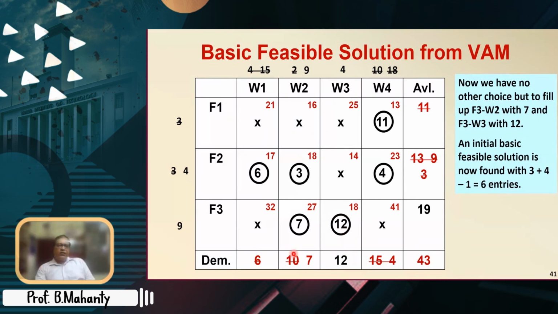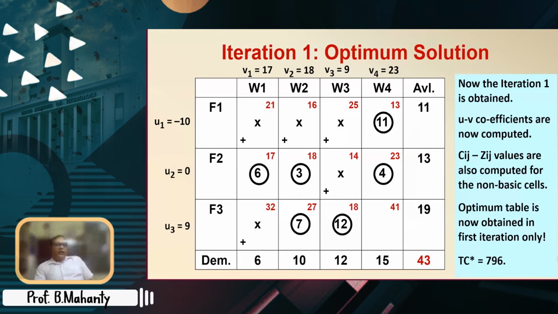So we have already got the basic feasible solution from Vogel's approximation method. Now, this is going to be our initial basic feasible solution, and we now start the actual transportation algorithm. So we call it iteration 1, and again we compute the UV coefficients.